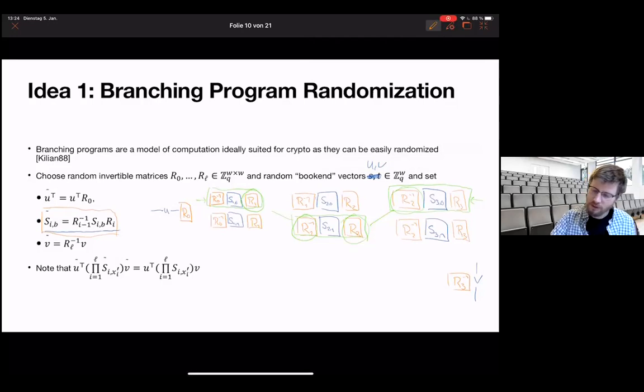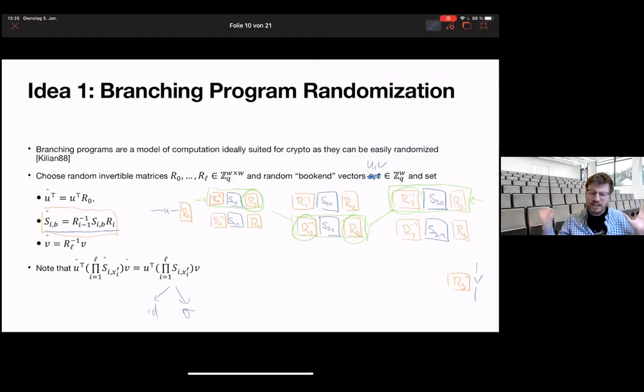But we know that this branching program here should either return, let's say, the identity or some cycle permutation sigma.